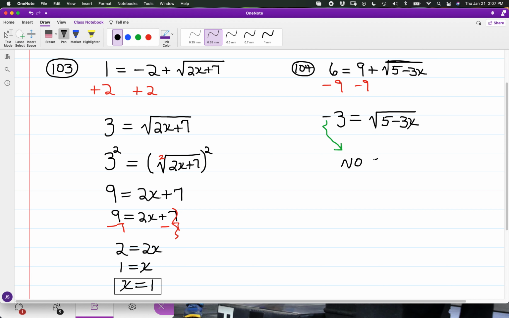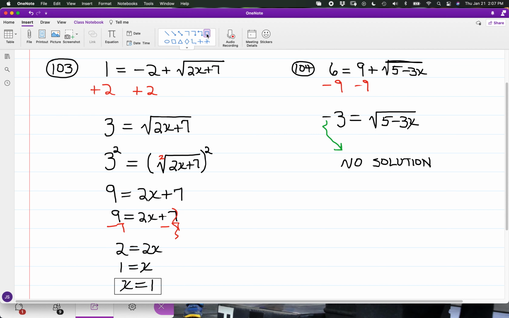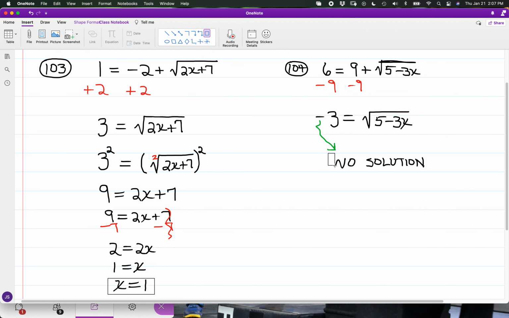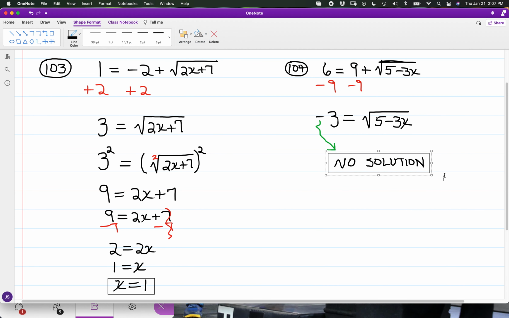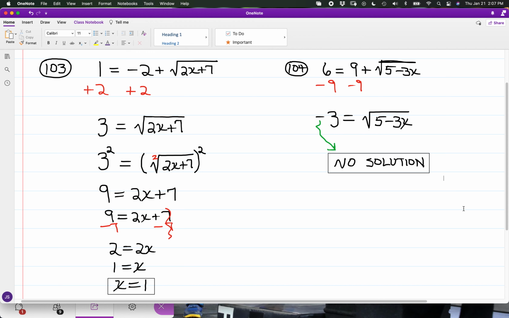So in this case, there is no solution. The even root of an expression cannot reduce to a negative constant, so 104 has no solution.